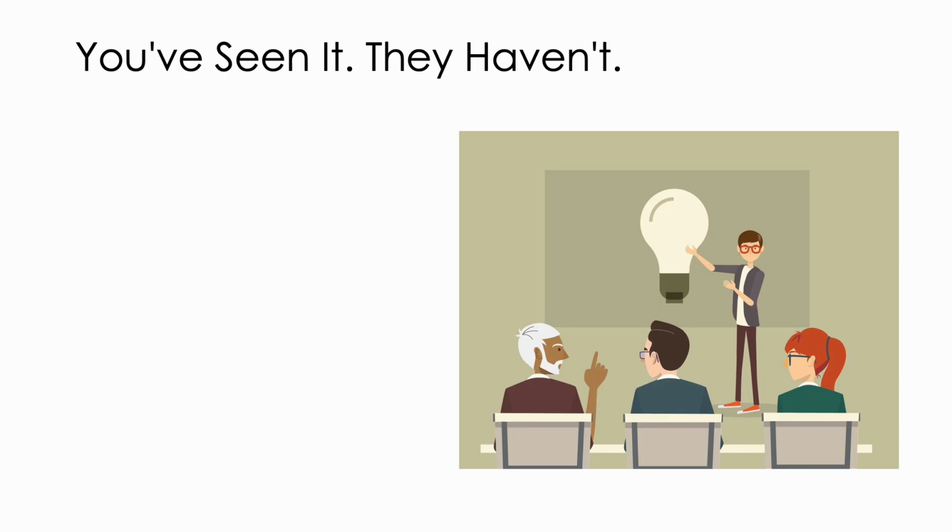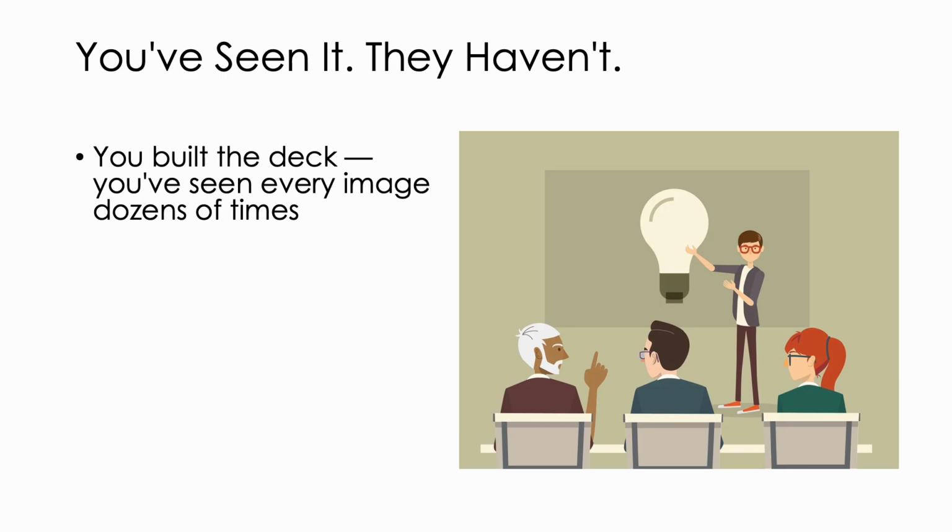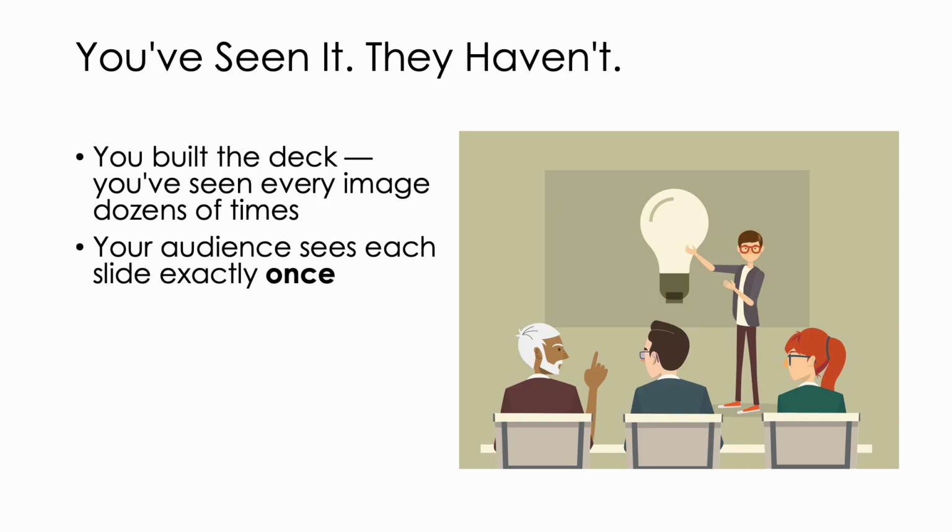Here's the thing that's easy to forget. When you're the speaker, you have seen every image in your PowerPoint deck dozens of times because you found them, you made them, you organized them, you practiced with them. They're not new to you, but your audience sees each one exactly once. They cannot rewind, they cannot pause and come back. They get one shot at each slide for however long you leave it up.